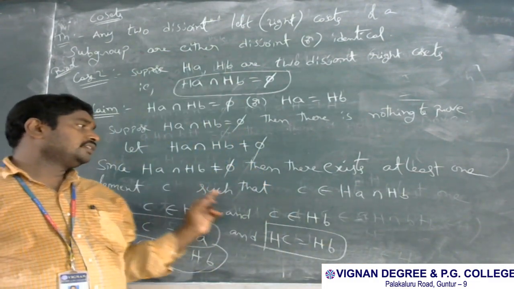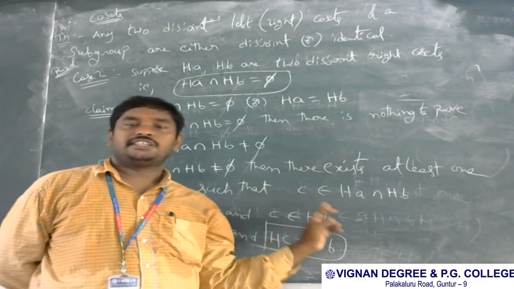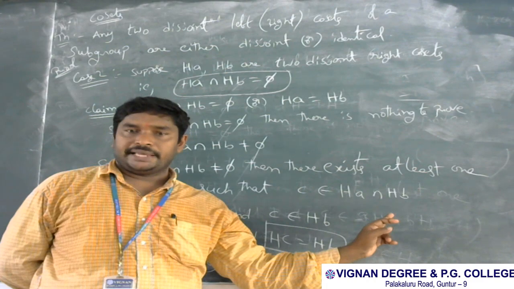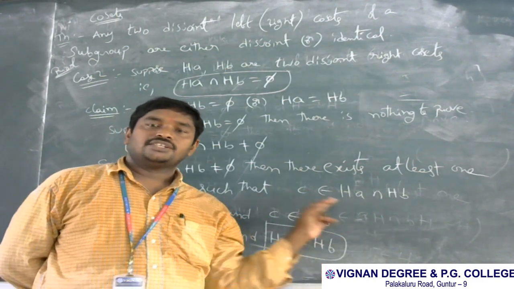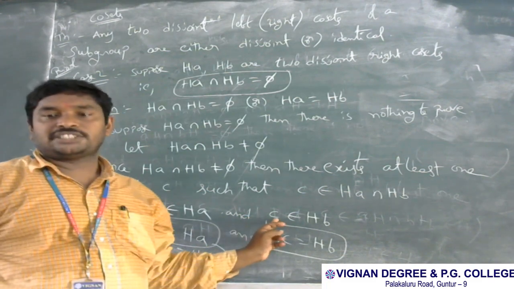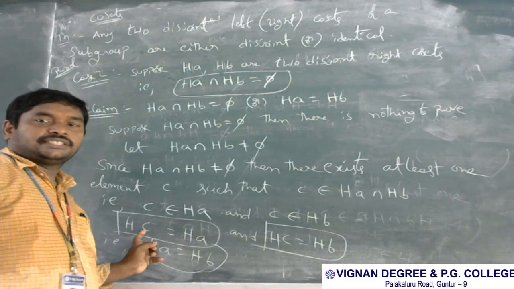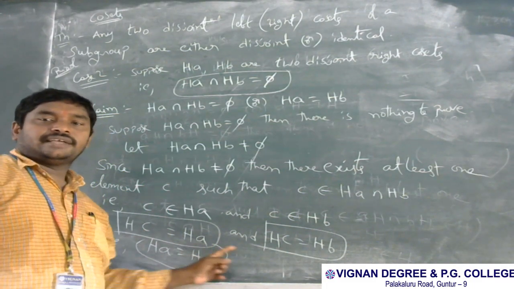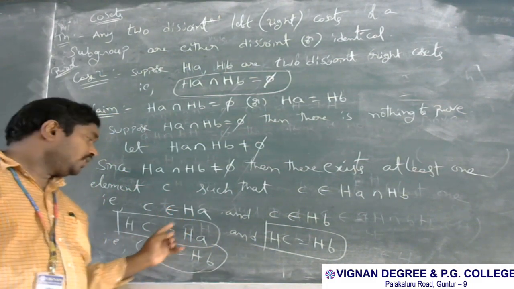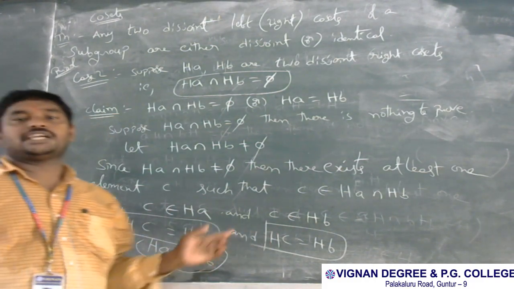So I have written there exists at least an element, small c, such that small c belongs to HA intersection HB. That is, small c must be in HA and small c must be in HB. Next, HC is equal to HA and HC is equal to HB. Next, both left sides are equal, so both right sides must be equal.